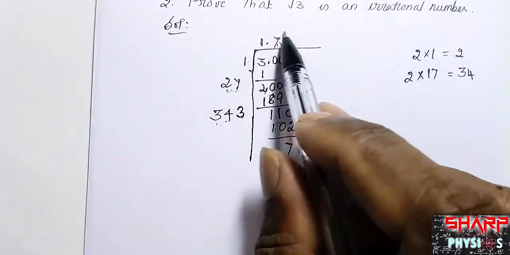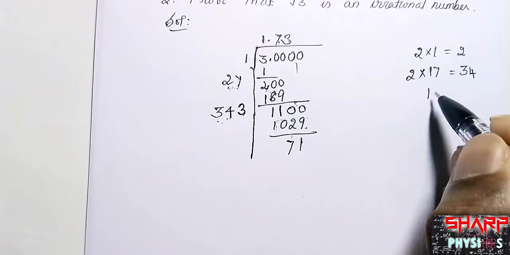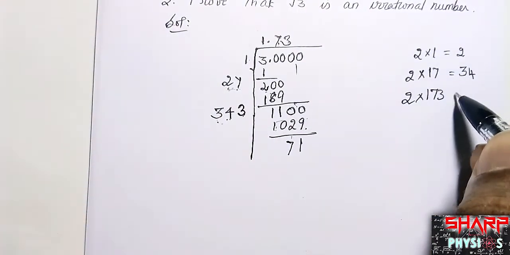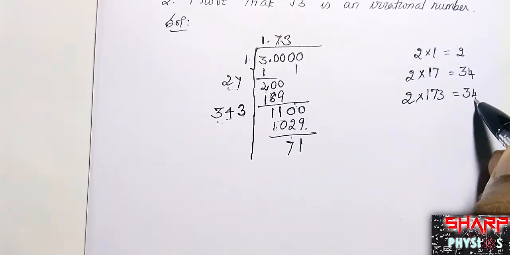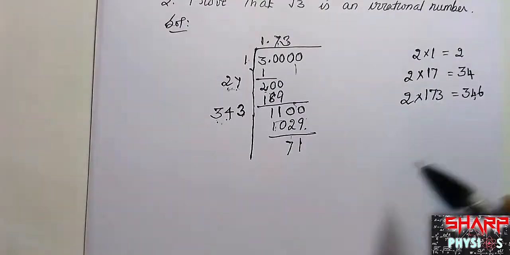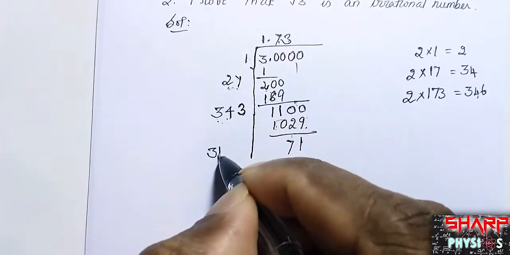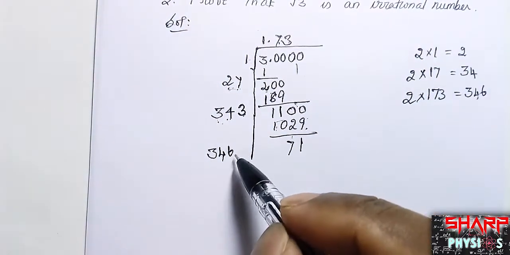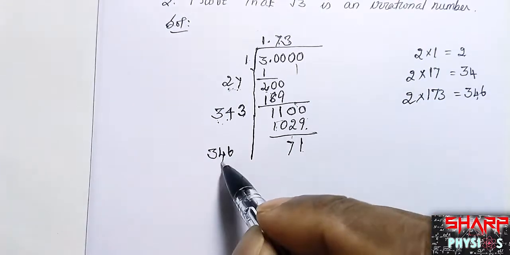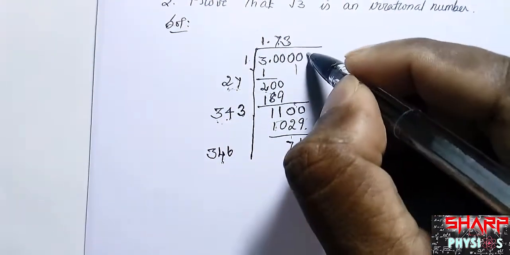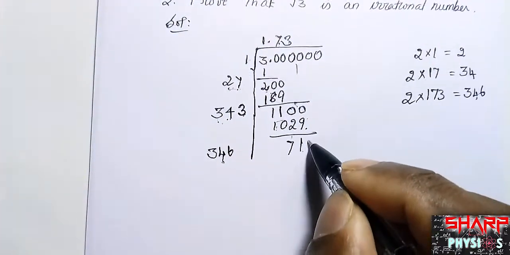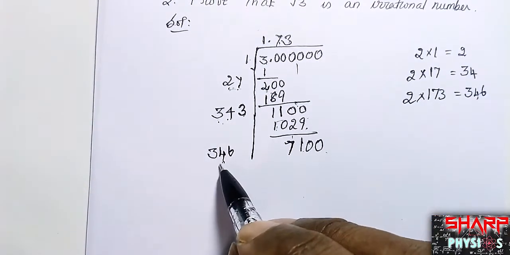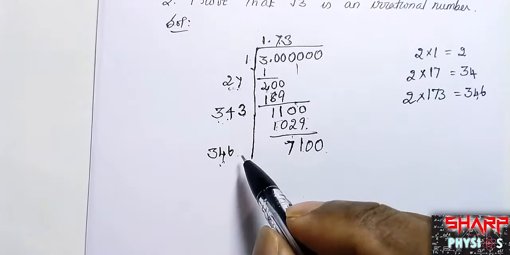So you have to multiply this 173 into 2. So you get 346. So write 346 at the extreme end here, and 71 is very much less than this, so you are introducing another 2 zeros, so 7100 is very much greater than 346.